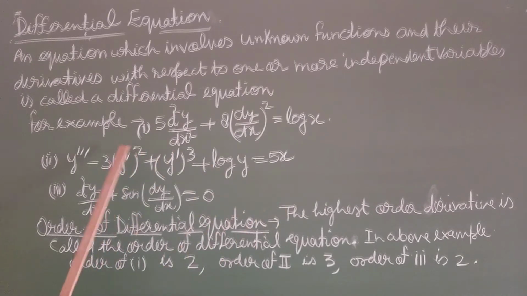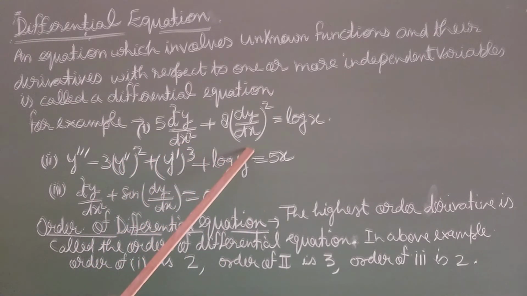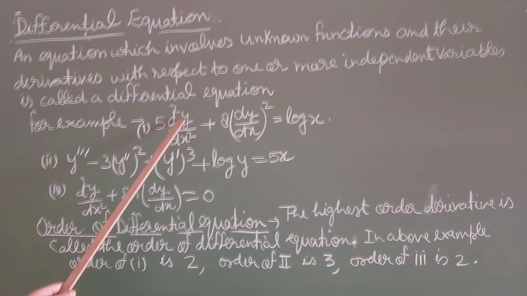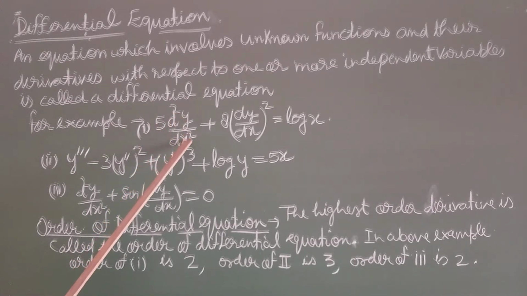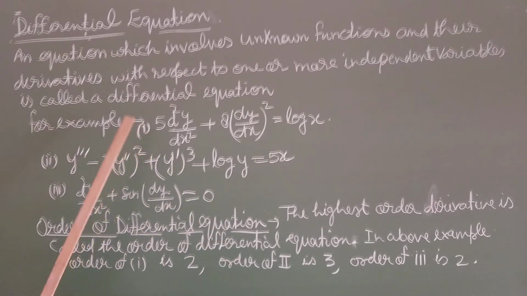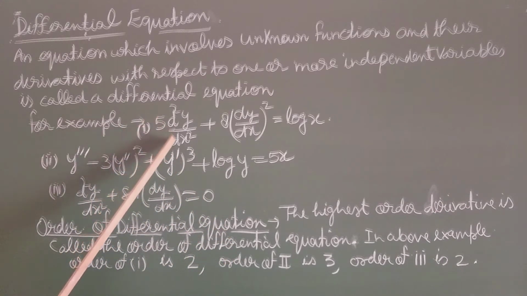So here x is the independent variable and y is differentiated with respect to x. That's why y will be the dependent variable. Okay, so an equation that contains derivatives is called a differential equation.